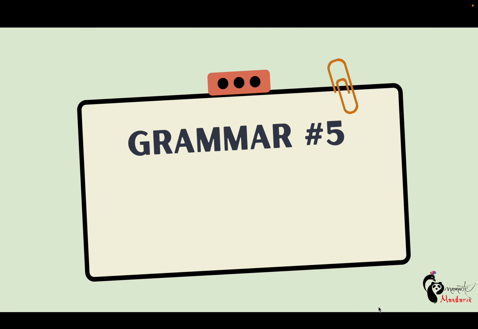So the grammar point of today is Yǒudiǎner and Yìdiǎner, right? Most of my students get confused with this, and they struggle to understand where to use Yǒudiǎner and where to use Yìdiǎner.